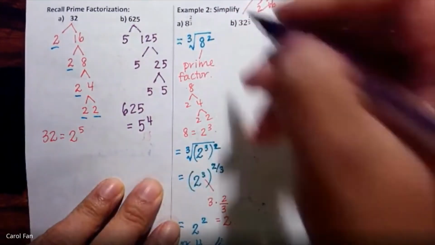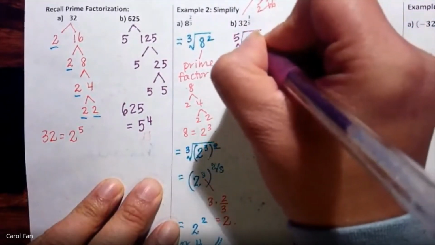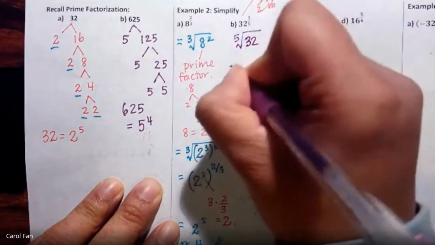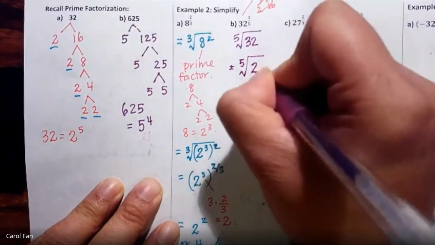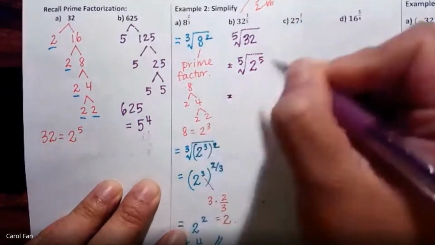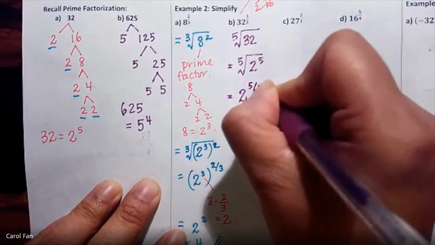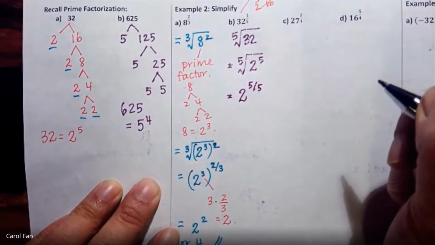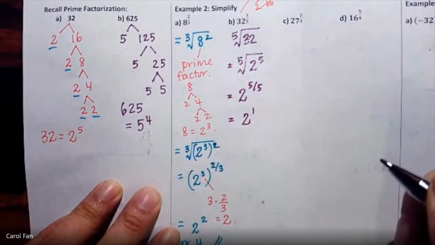So when I rewrite this, I have the 5th root of 32. This is equal to the 5th root of 2 to the power of 5. When I make it into power form, I have 2 to the 5 over 5. That simplifies to 2 to the power of 1.